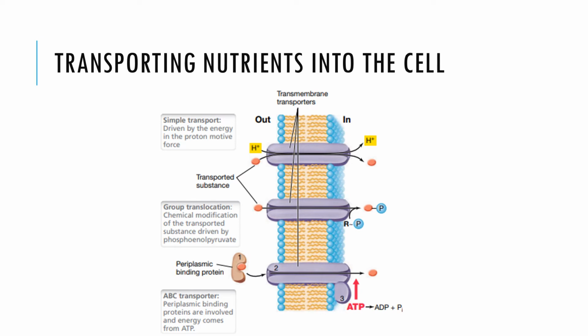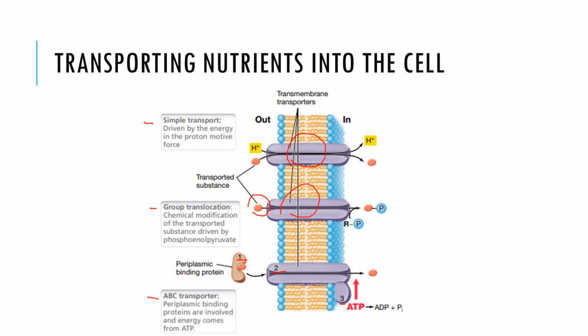Note how simple transport and the ABC system transport substances without chemically modifying them, whereas group translocation results in chemical modification, in this case, phosphorylation of the transported substance. The three proteins of the ABC system are labeled 1, 2, and 3. Simple transport consists only of a transmembrane transport protein. Group translocation employs a series of proteins in the transport event.